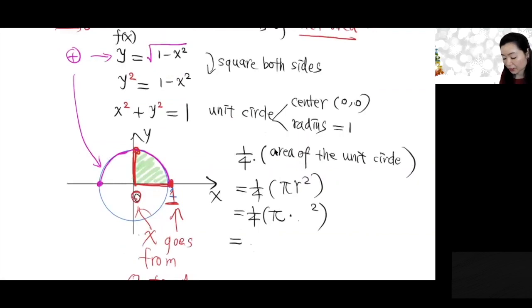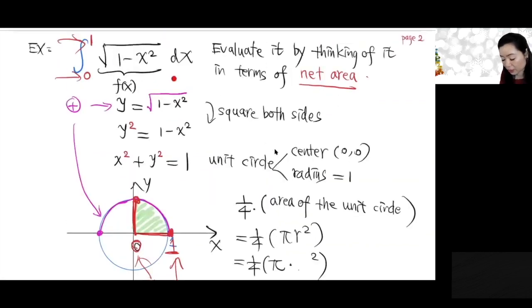Now this integral over here corresponds to the area under this pink curve right here. X goes from 0 to 1. So x starts from 0 and then 1. Then the area under the curve is this green highlighted area, right? Okay. So we can find this integral by interpreting this as this area.